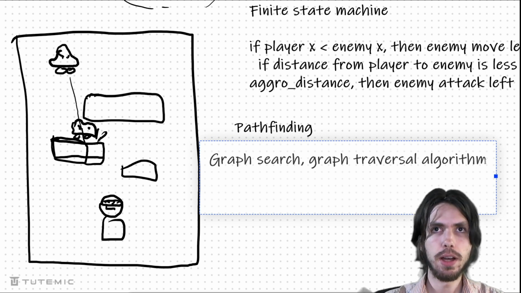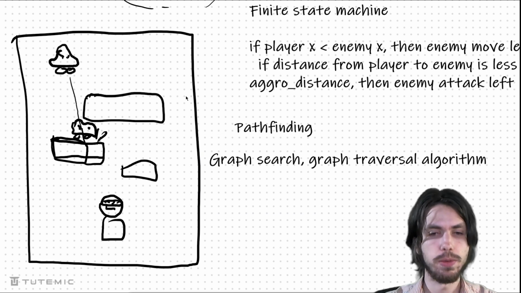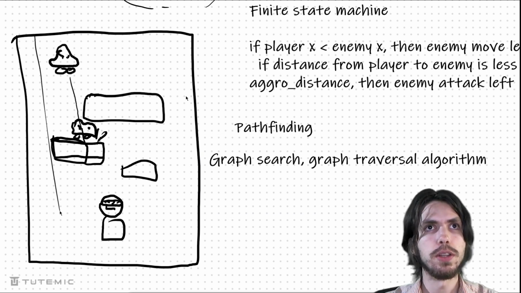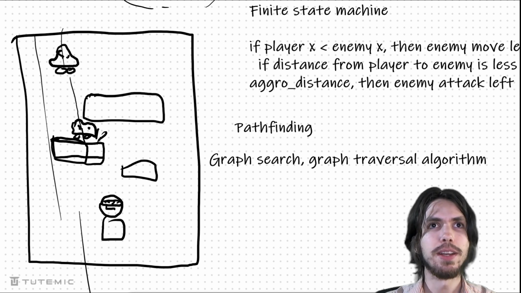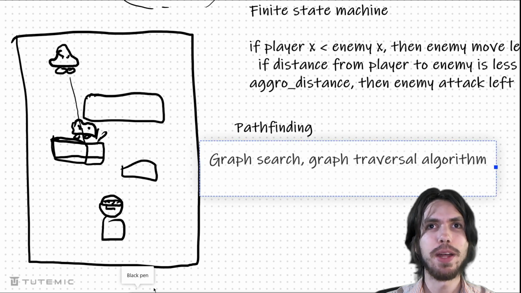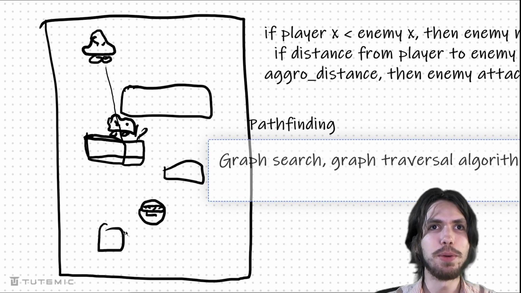So when I say a graph search, I'm talking about how we break down this environment into a graph, right? So we essentially turn this into a grid. Make this look terrible. Perfect. Okay.